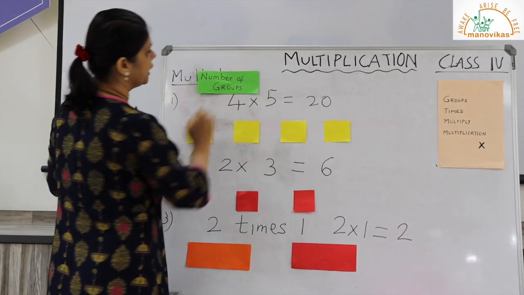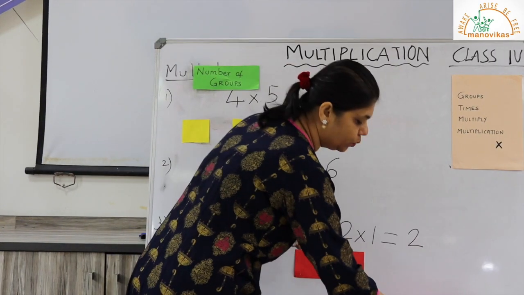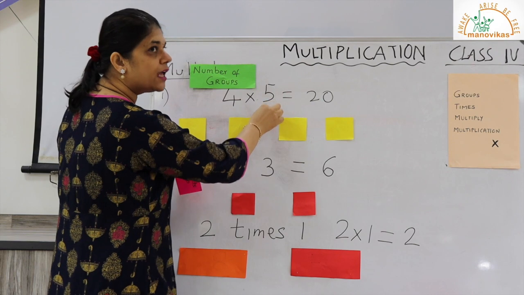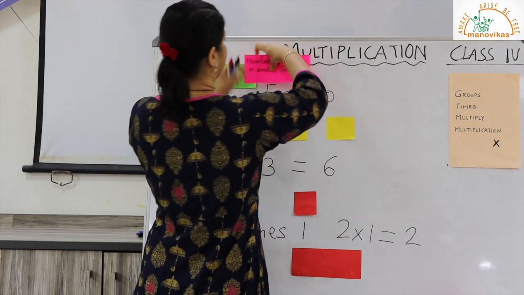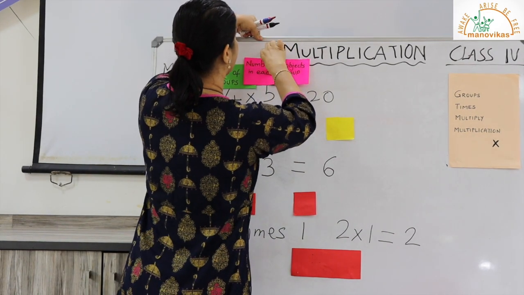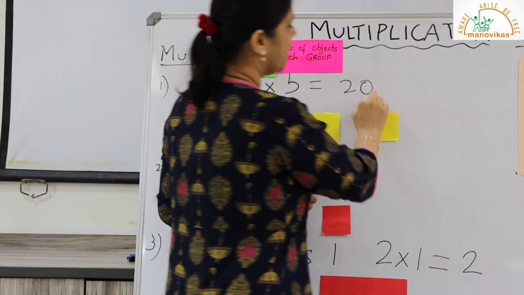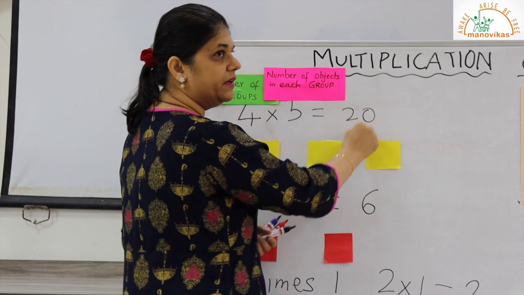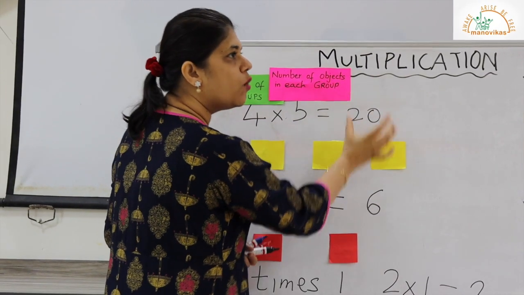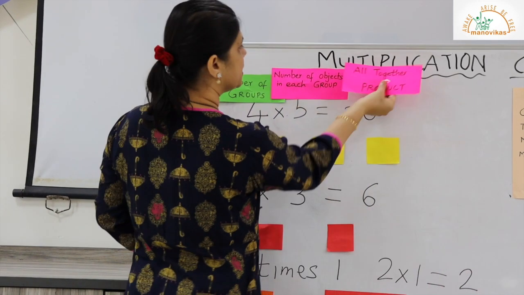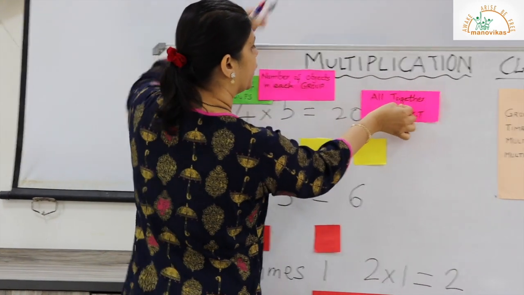The second number, that is this number 5, tells us the number of objects in each group. Okay? And the last number, or the answer that we get, tells us how many objects are there all together, or it is also called the product.